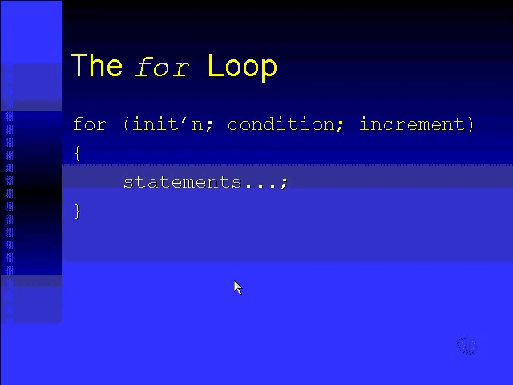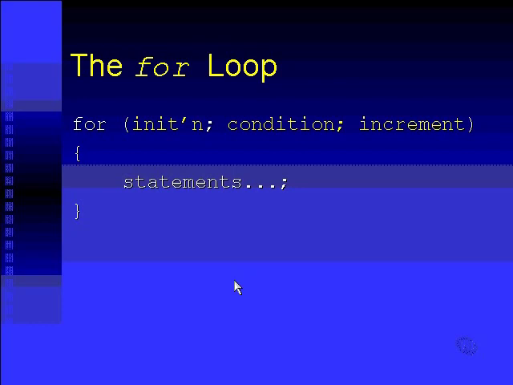The condition is checked, and if the condition is true, we continue on into the loop, and if the condition is false, then we do not go into the loop at all. So we go into the loop if the condition is true and execute any statements in the loop. Now, here's the complex part. Once the statements have been completed, the next thing we do is go to the increment area and perform that statement.